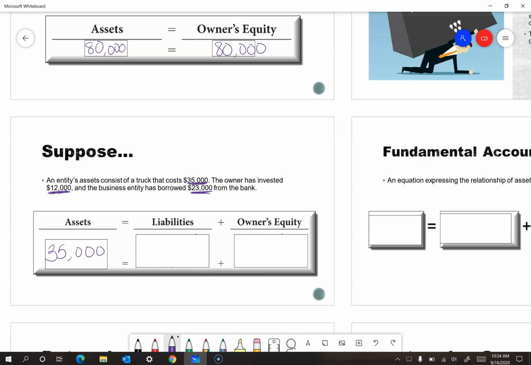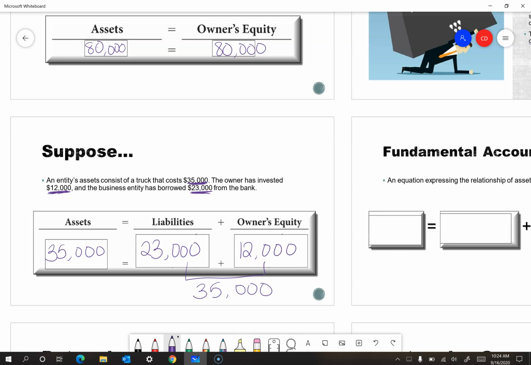That means the owner has put his own money in of $12,000. So here is his $12,000 investment. And he's going to owe his creditors $23,000, the liabilities. So as you can see, your assets equal liabilities plus owner's equity, because $23,000 and $12,000 equals $35,000.